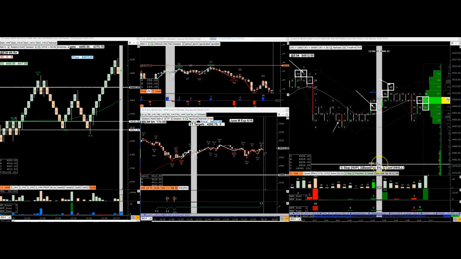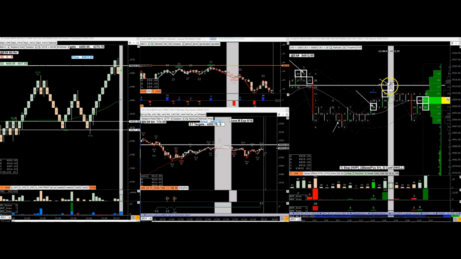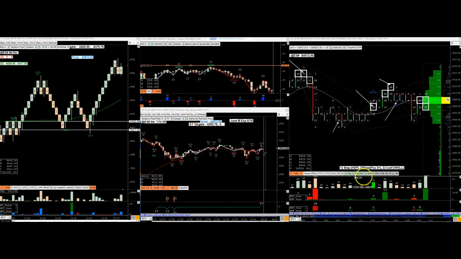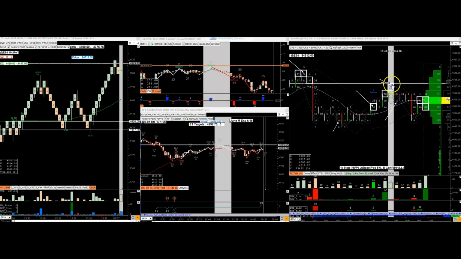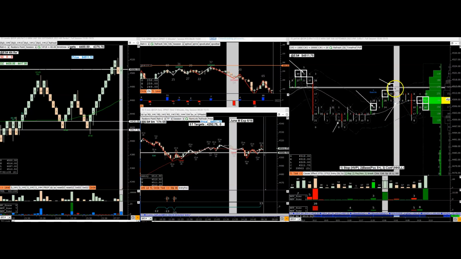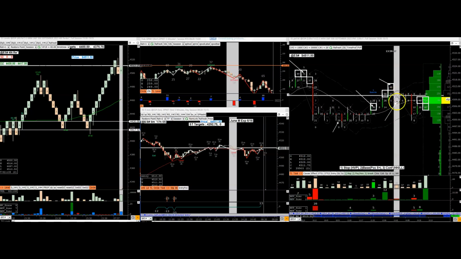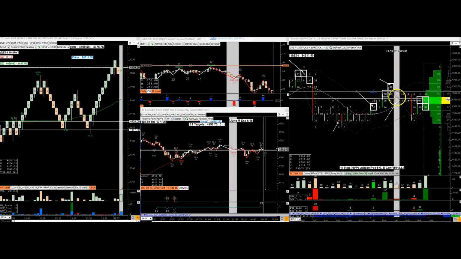And what happens? What does price do after this? It goes lower. So this is encountering supply, which is confirmed by price. This volume is confirmed by price. The supply or demand, the direction, is being confirmed by price.